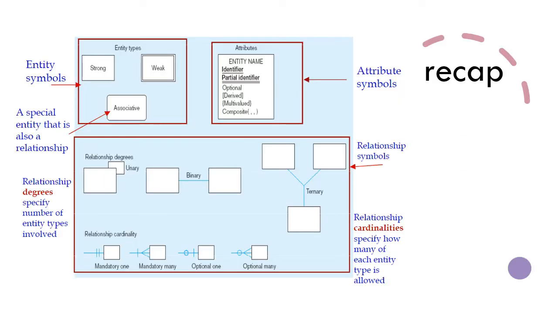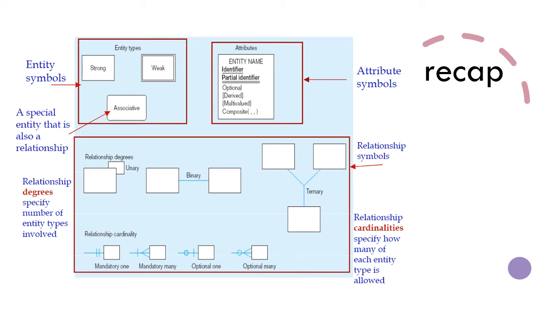Okay. Right. So let us recap. This is what has been explained in the past 40-50 minutes. We have the entity symbol. We have the attribute symbol. Okay.